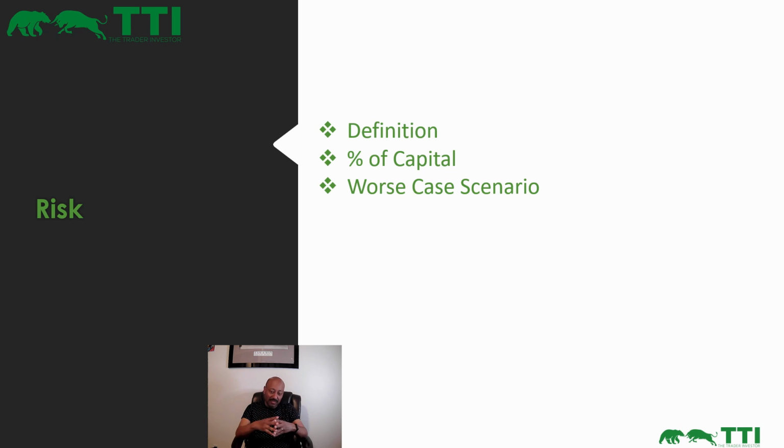Let's avoid that. If you lose 25% of your capital, it requires 33% gain on the balance to break even. Much, much, much better now, right? Now, we're going to do even better than that, because I don't want you to risk 25%. I don't even want you to risk 5%.